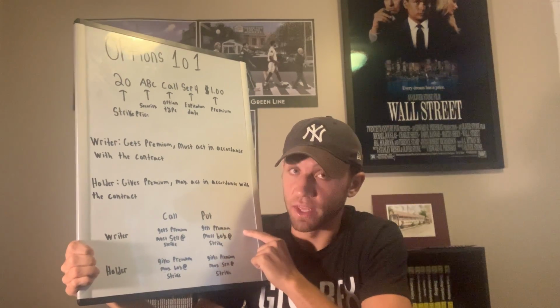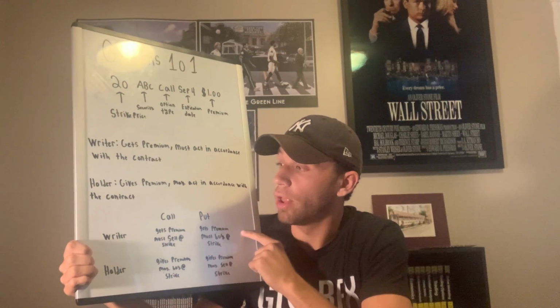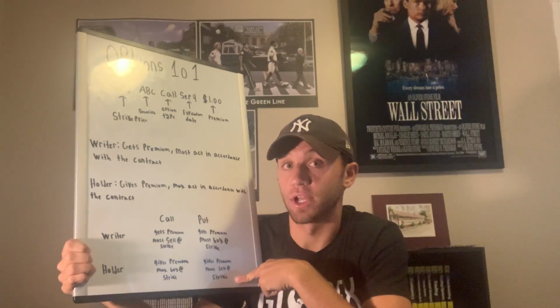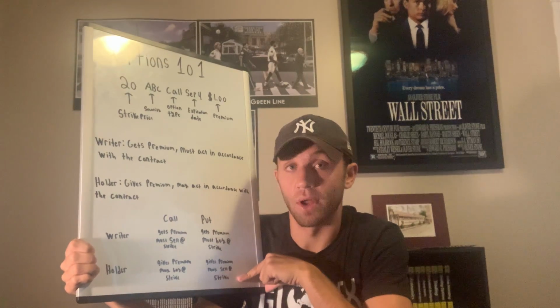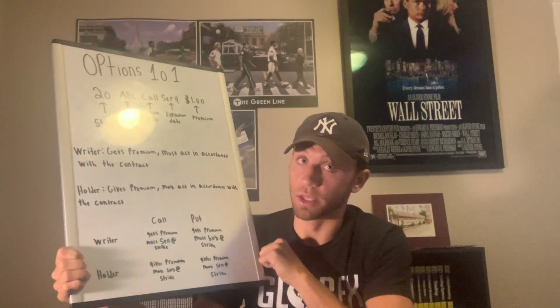On the put side of things, which is the bearish of the 2 options, the put writer gets the premium and must buy the shares from the holder of the option at a specified strike price, who has the right but not the obligation to sell the contract.